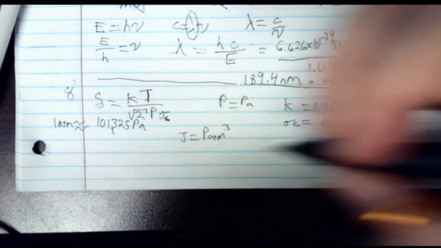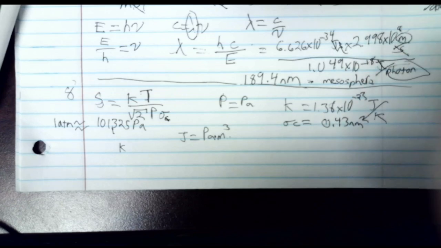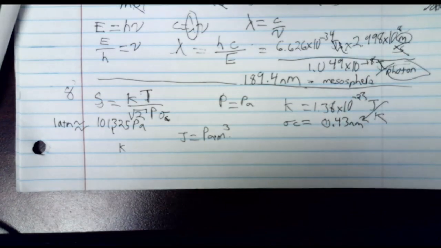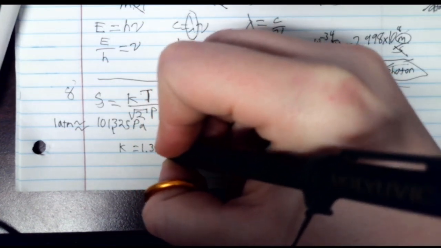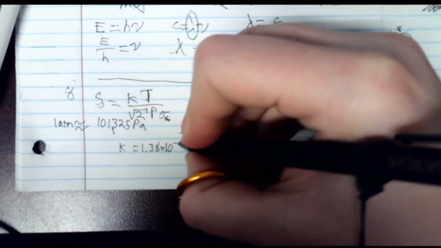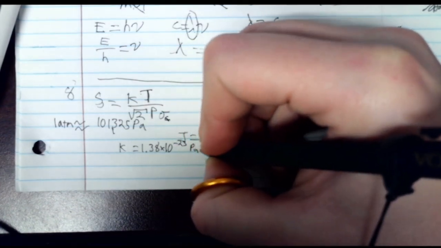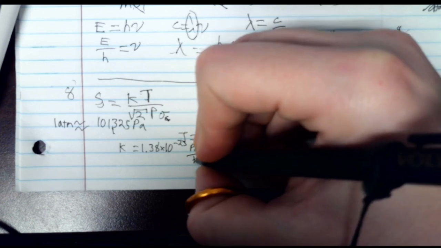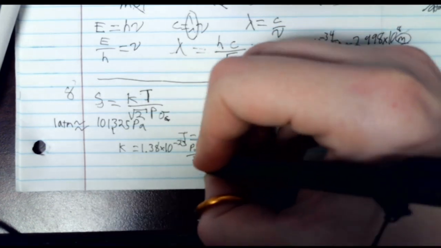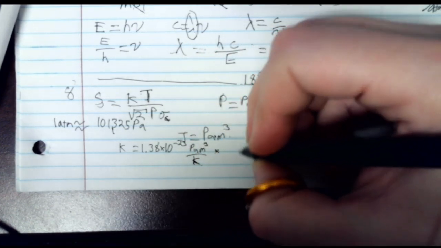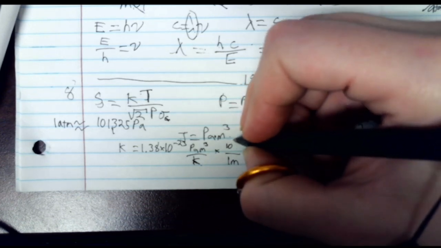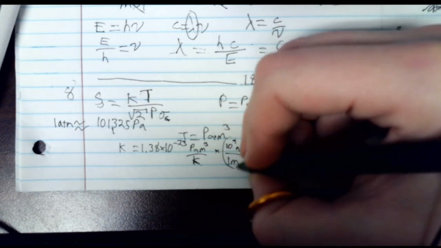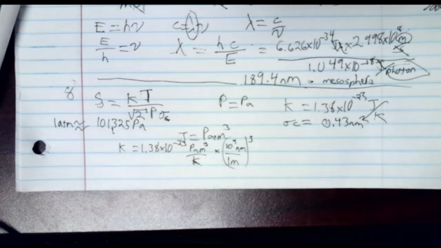So I'm going to convert my K into nanometers cubed. So 1.38 times 10 to the negative 23rd pascals meters cubed per Kelvin. And I'm going to say, okay, well, in 1 meter, there is 10 to the 9th nanometers. And I have to do that 3 times.